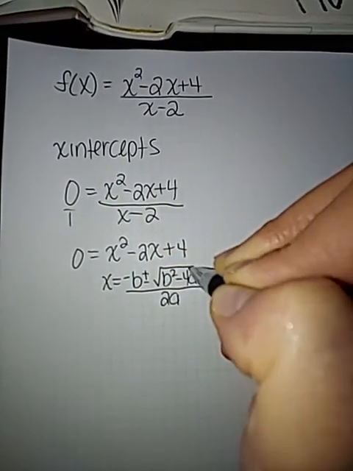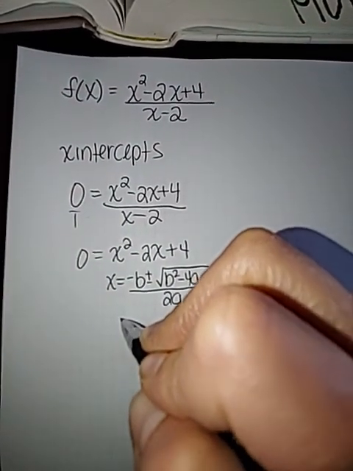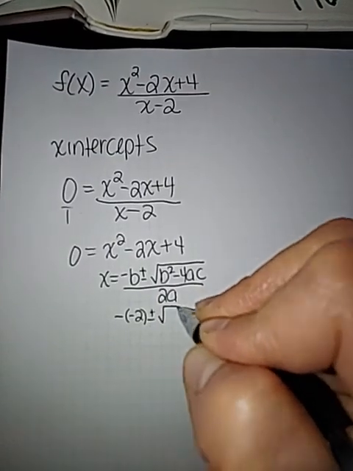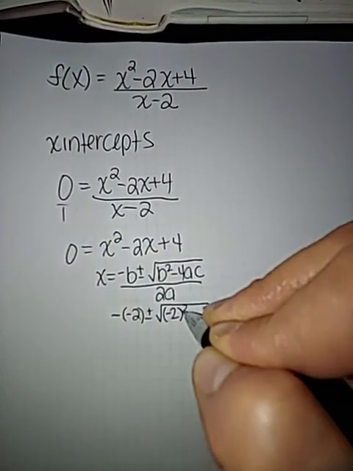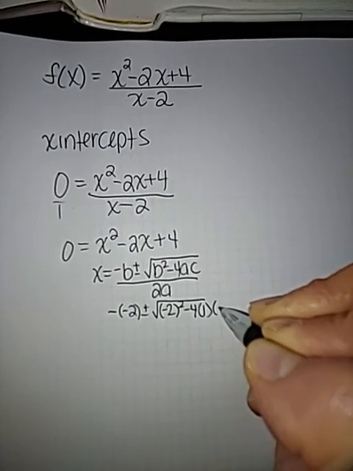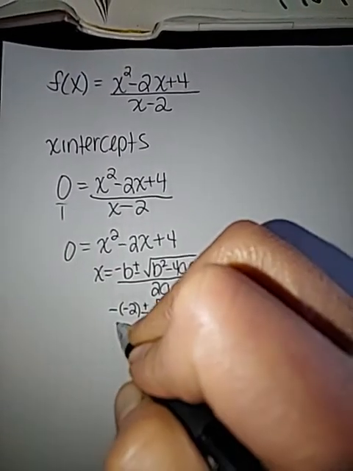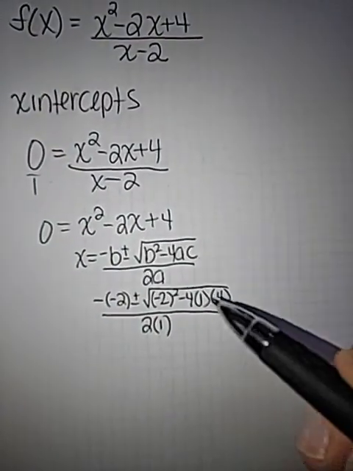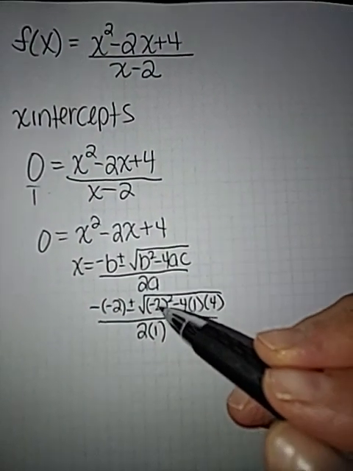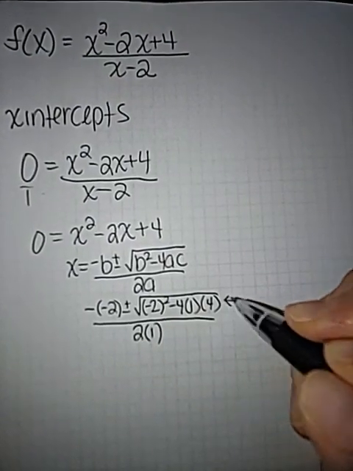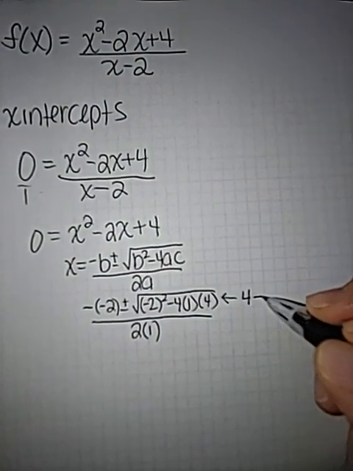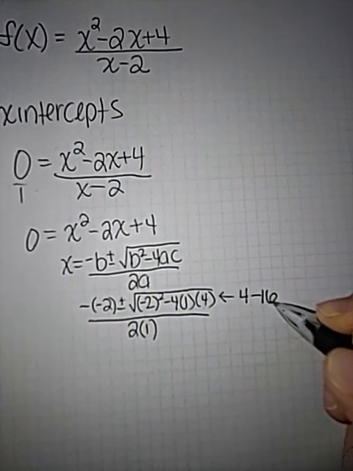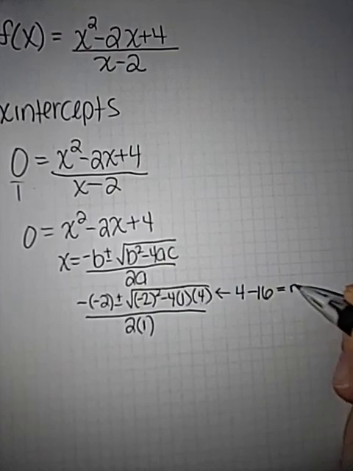When I plug in, I don't even need to go too far, because I can see that on the inside I have 4 minus 16, which gives me a negative number.